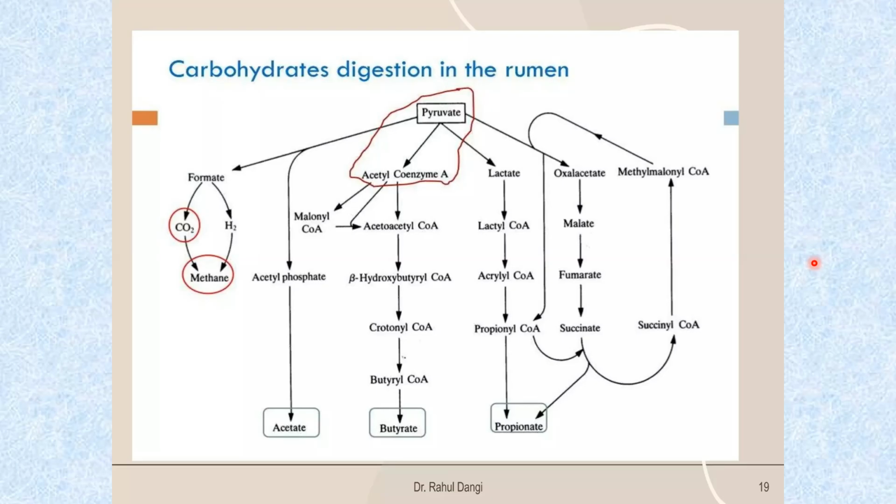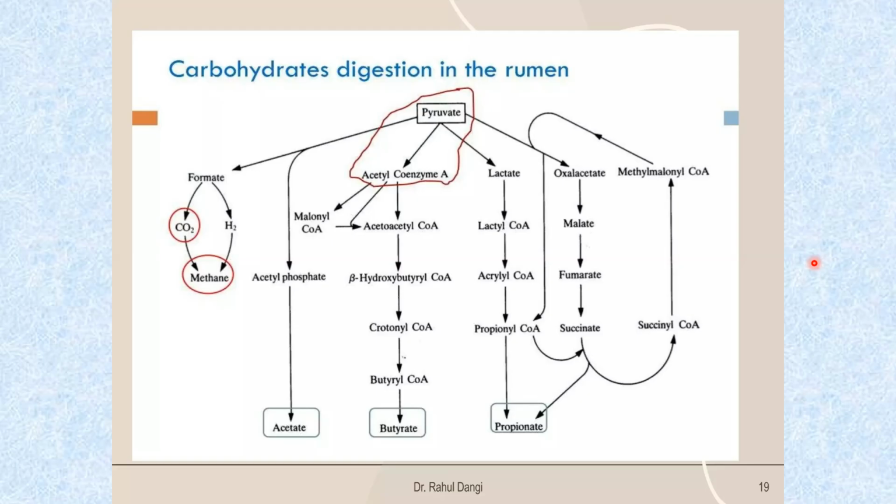They always follow some common route: pyruvate is converted to acetyl coenzyme A, which is a very important enzyme system. Acetyl phosphate produces the acetate, whereas pyruvate once again contributes to acetyl coenzyme A.